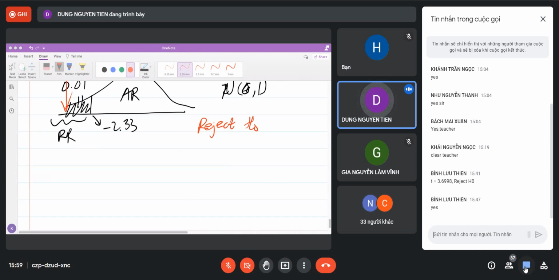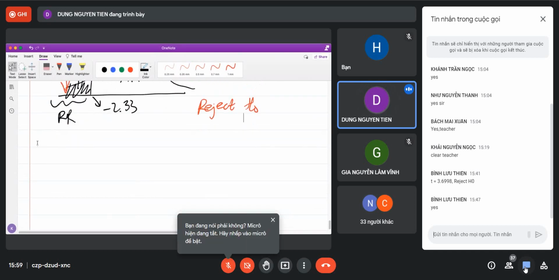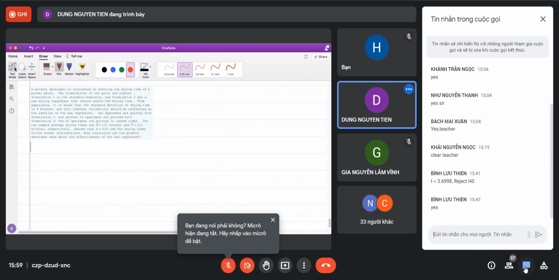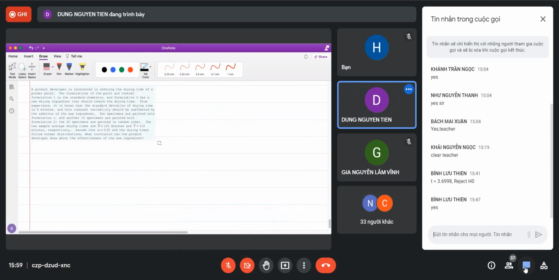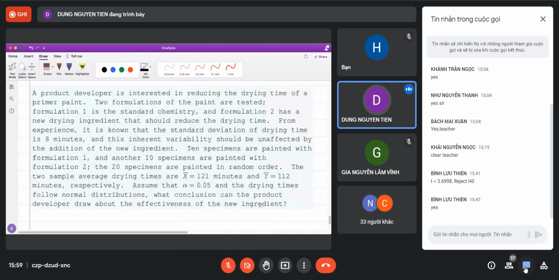This is another example, quite similar. Can you think about that for a minute and tell me your answer? Please tell me what you can do with it, and tell me which formulation you should use, the first formulation or the second formulation.